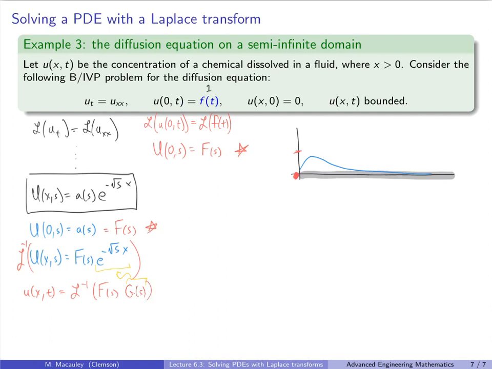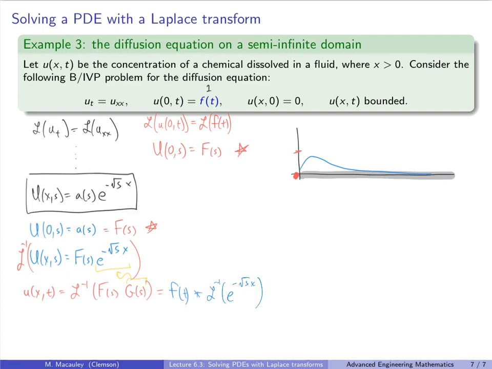And of course, as before, the inverse Laplace transform is the convolution of little f of t, which is this unknown function, I mean, we're assuming it's fixed, with g. And what's g? g is the inverse Laplace transform of e to the negative root s times x.